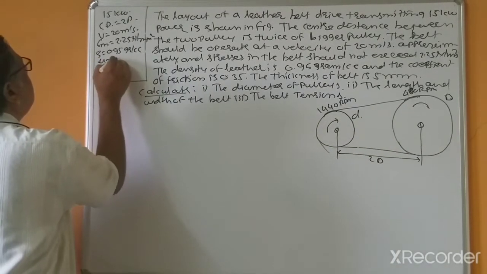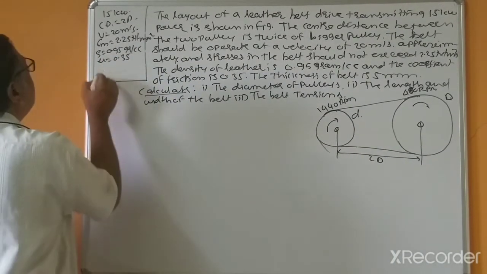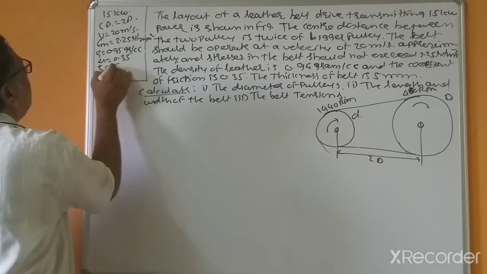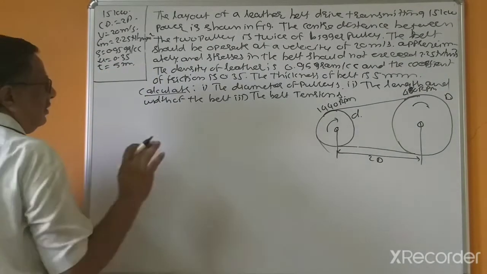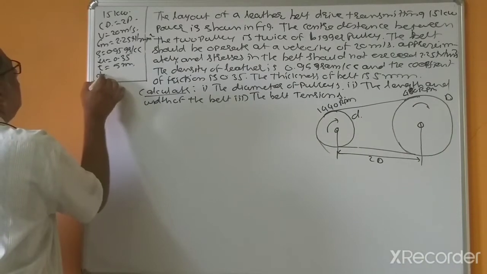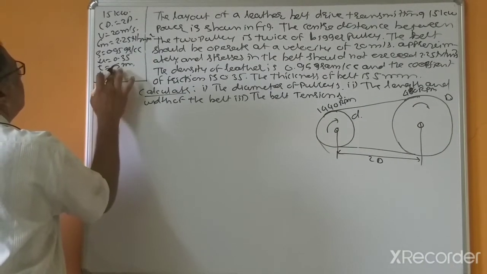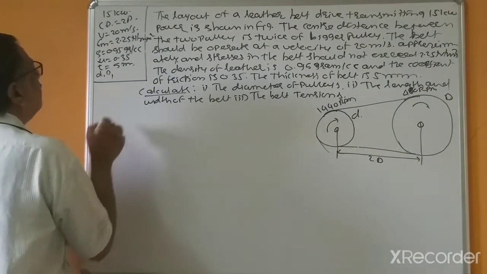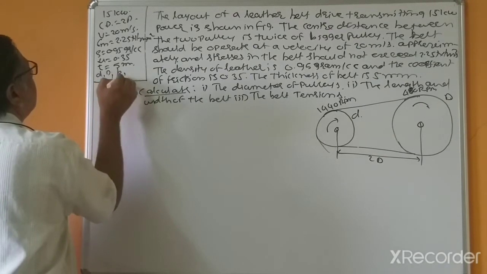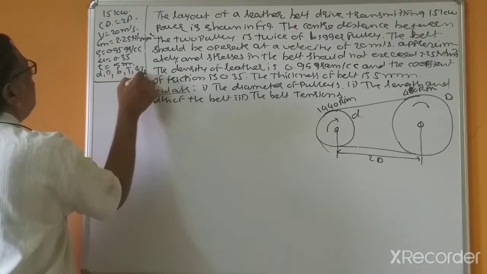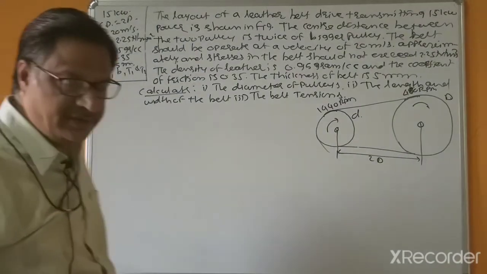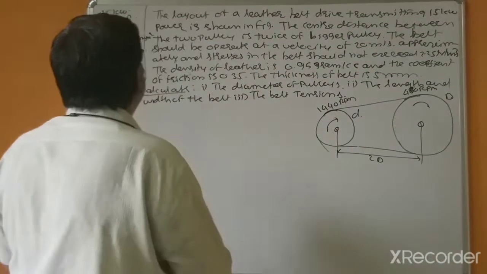Mu equal to 0.35. Thickness of the belt 5 mm. Small d, capital D, length of the belt, and T1 and T2 are to be calculated.